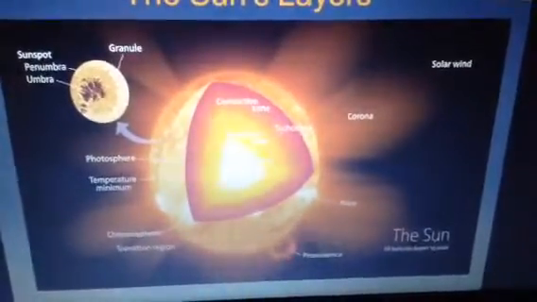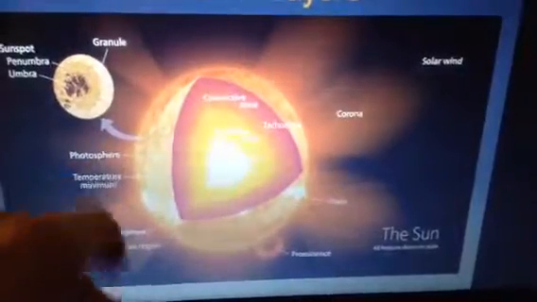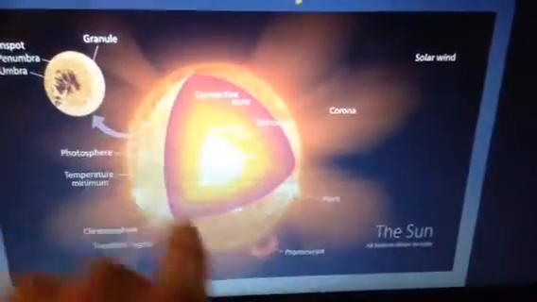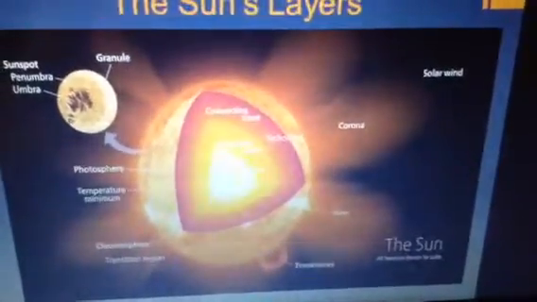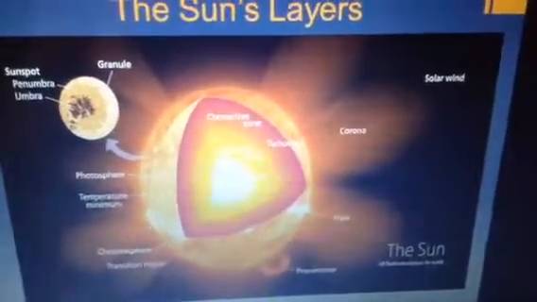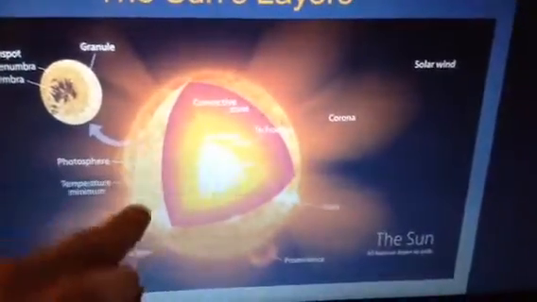And from the convective zone, the main thing we need to look at here is the photosphere. You'll see the word over here, which is pretty much this whole area. The gases around, it's the atmosphere of the sun. While it's not everything you see here, it is the greatest part of it right through here.